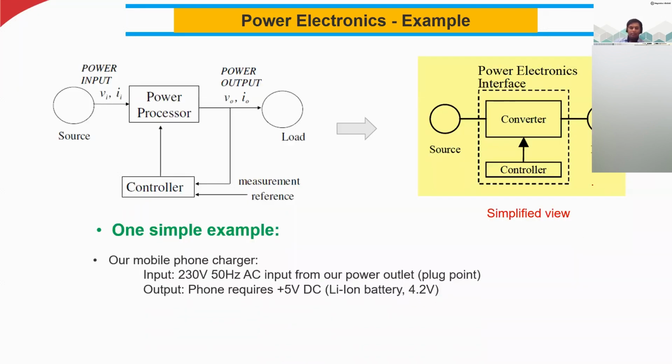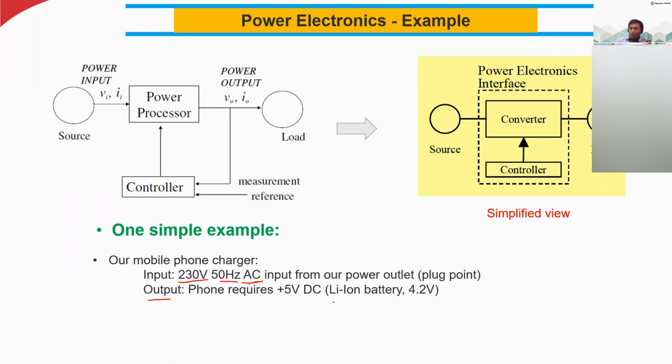One simple example, as I already mentioned, is our mobile phone charger. We give the input as 230 volt 50 hertz AC, which we get from our power outlet, the socket, and for output, our phone requires only plus 5 volt. So we have the small phone charger, the adapter. It has power electronic devices inside, and it will convert this AC into plus 5 volt DC.